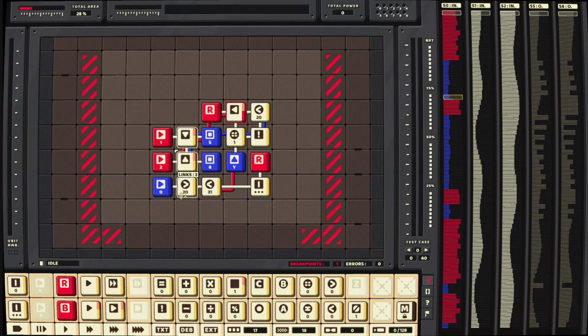Because this definitely has to be, like, here. And I don't think... Well, let's put my breakpoint back here.